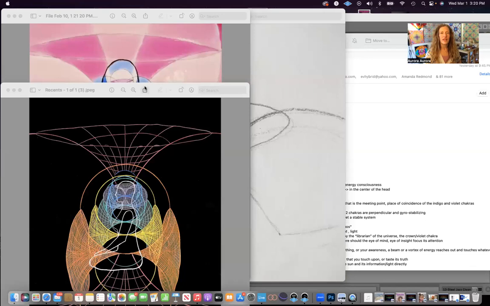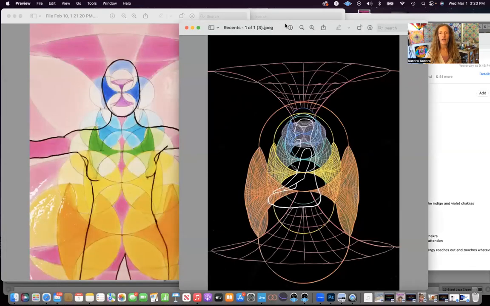So this one is energetic anatomy and the sun. First, let me show you a bunch of pictures. This is one picture I use in class all the time.